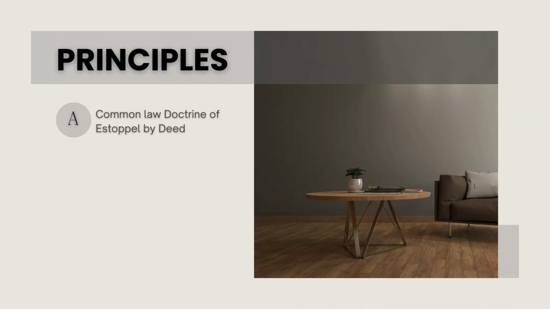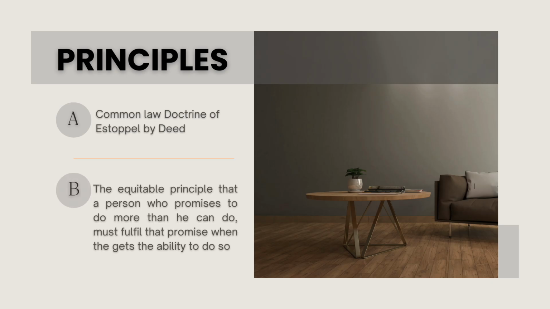Thus, two clear principles that can be seen to operate here are: one, as I said before, the common law doctrine of estoppel by deed, and two, the equitable principle that a person who promises to do more than he can do must fulfill that promise when he gets the ability to do so.